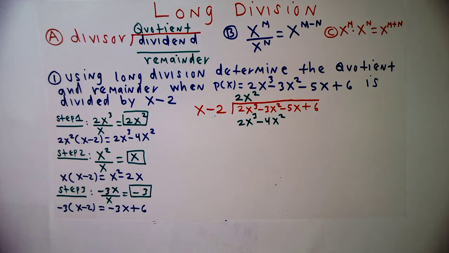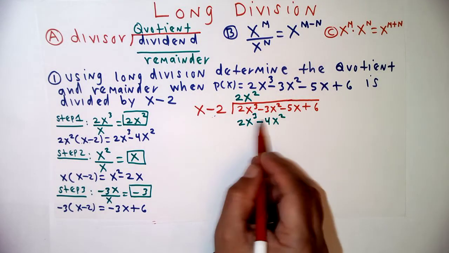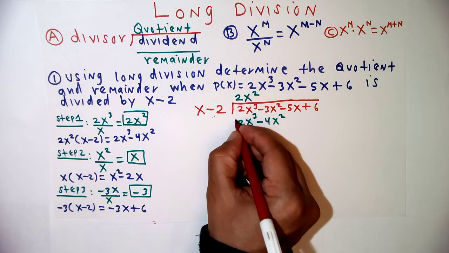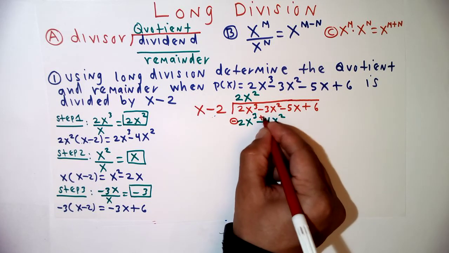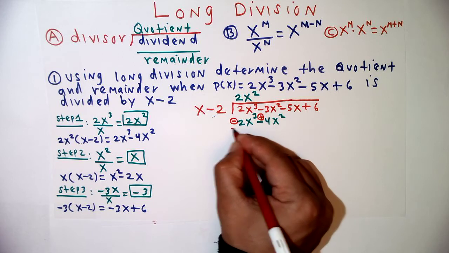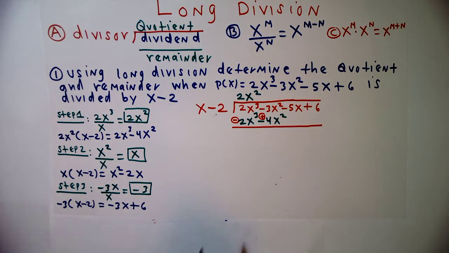Now let's not forget, because you actually did this before, but if you didn't, the rule is simple. After you multiply, you need to subtract, meaning change the signs of everything you see here. So if this is positive, now it becomes negative. This minus becomes a plus, and what you're going to do now is just basically put them together, because that's the idea.